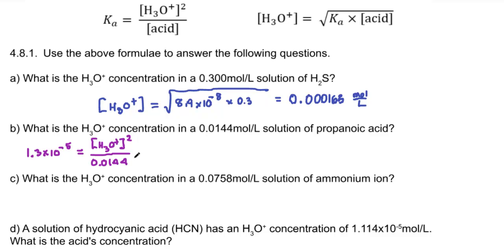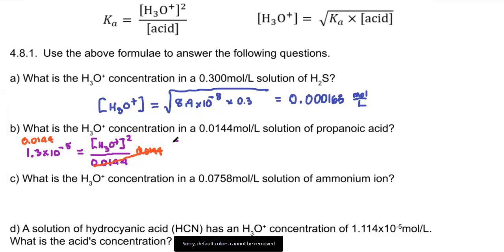So if we're trying to algebra this, we want to get this 0.0144 out of the denominator, so we multiply both sides by it. 0.0144, and same thing on the left, 0.0144. These on the right cancel out.